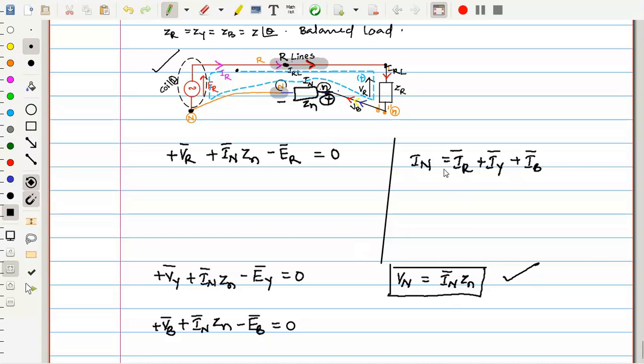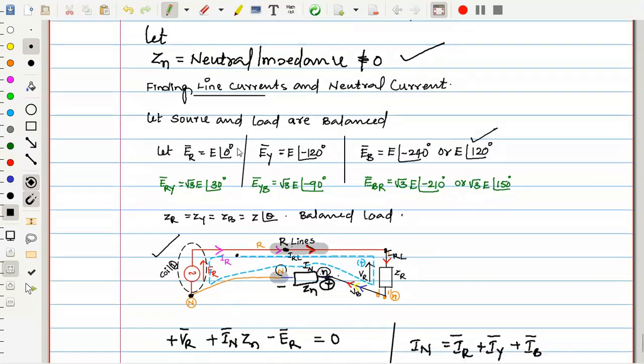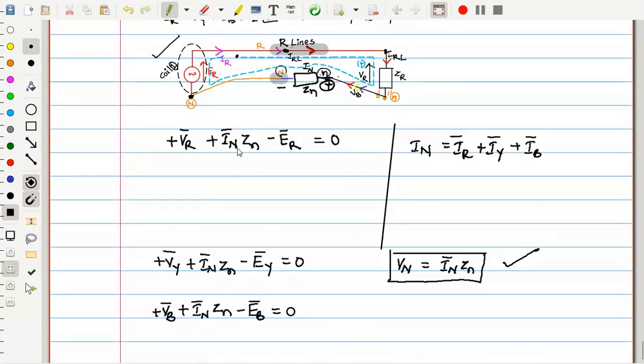So what is IN? Once I know the line currents. What are the line currents? Then I should know the load voltages. What are the load voltages? Load voltage is phase voltage minus neutral voltage. So in this way you have to do many things. All are interlinked. So try to complete this portion, and we will see this part of the discussion in the next class, and then move to the other configurations.